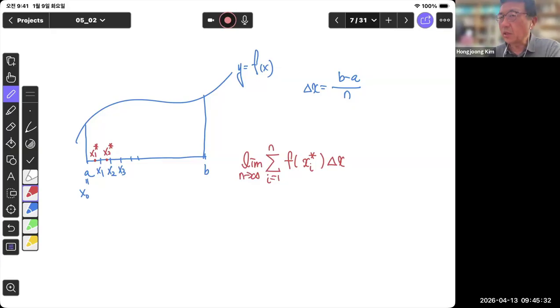Now, this is a limit of a certain mathematical expression, and that expression may not have the limit.